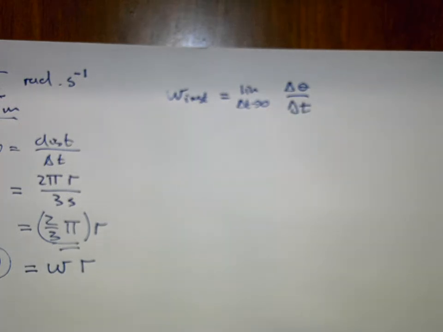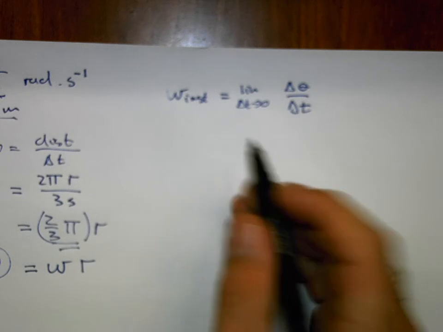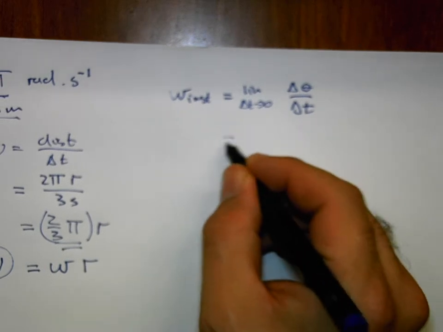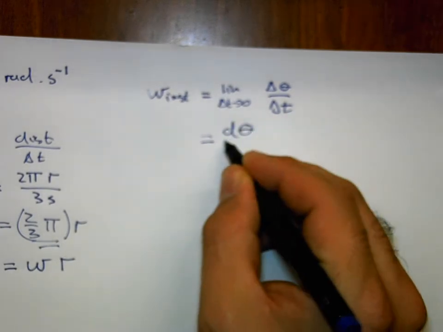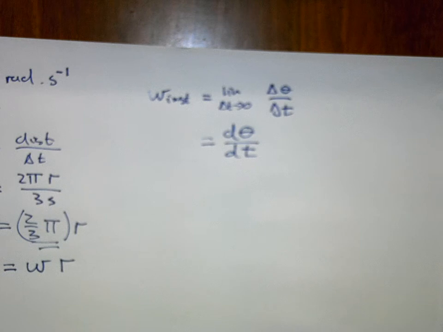So instead of looking at a whole time interval, we look at the motion over a time interval that's as small as it can be without being 0, and we look at the tiny angle swept out during that tiny interval. If we can calculate that, we know the instantaneous angular speed of this disk, and we can just write this as the derivative of the angular position with respect to time.